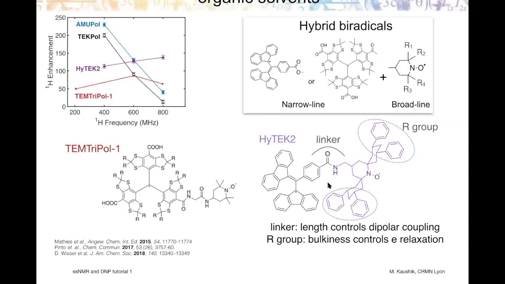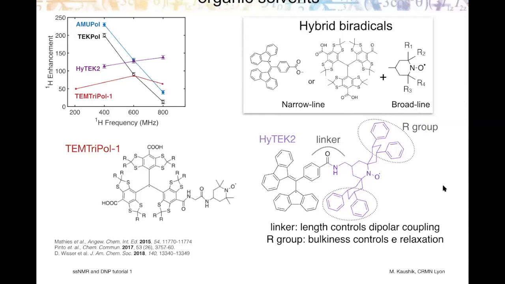And in the process, engineer a linker length so that the dipolar coupling is optimum, as well as the bulkiness of the R group that controls electron relaxation times.